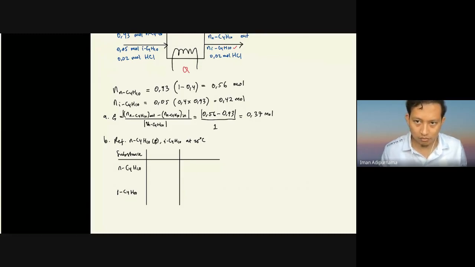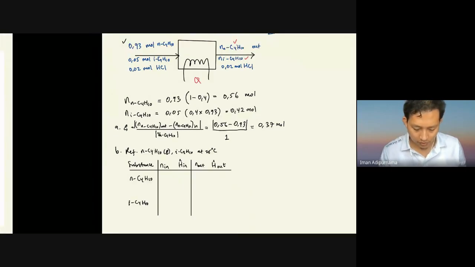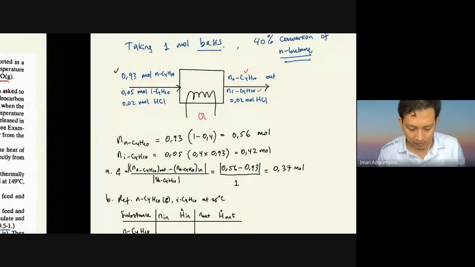Okay, now this will be N and H. Okay, let's look at the substances.